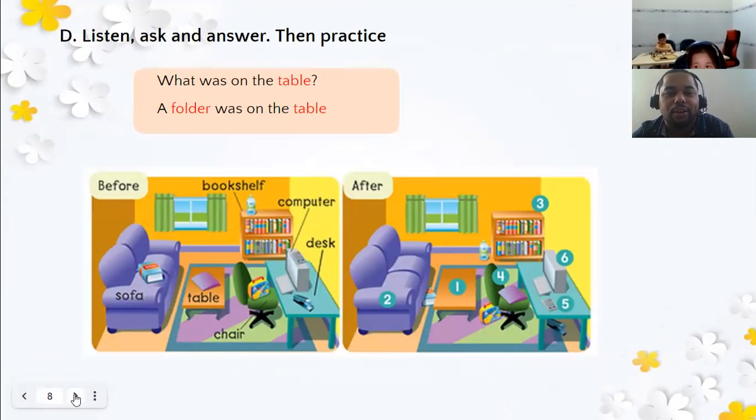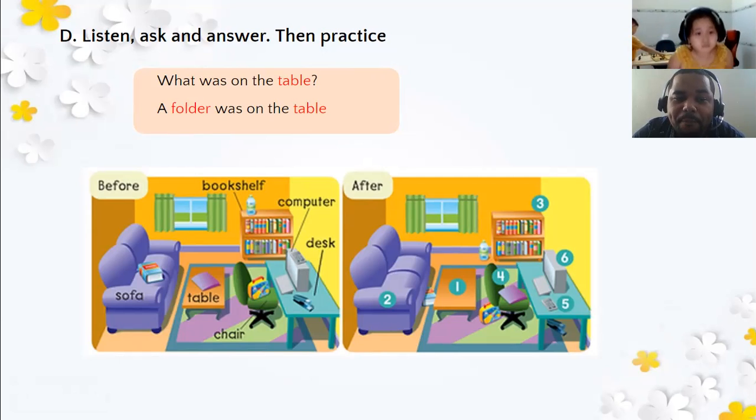So look at there. So we are going to listen and practice the following vocabulary. So look at there, we have things that we can see, school supplies that we can see in the house.